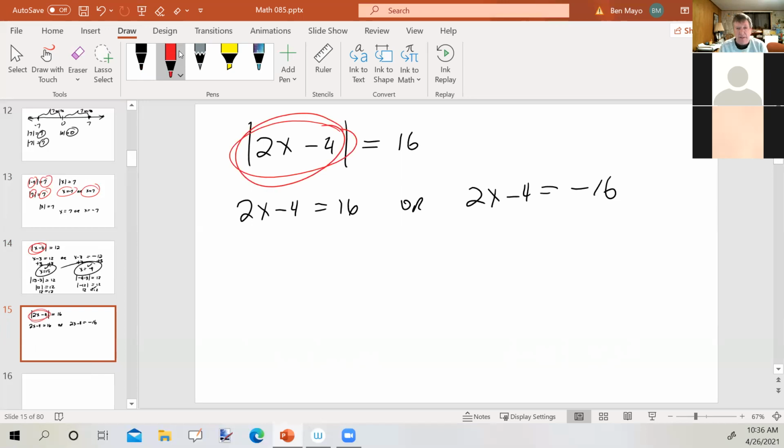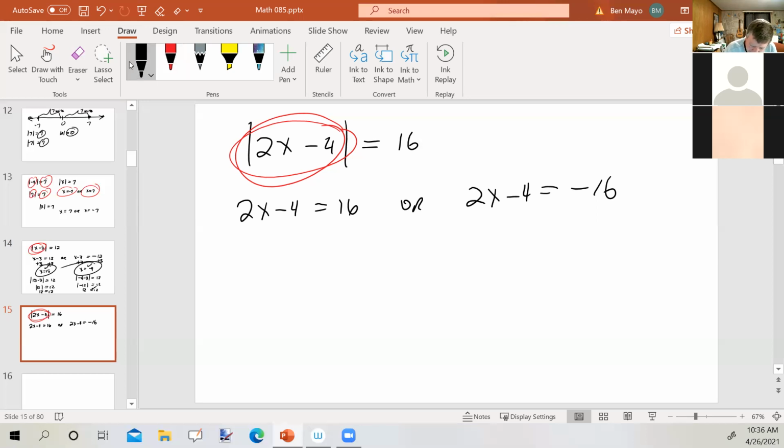If this equals negative 16, the absolute value of negative 16 equals 16. Are you seeing a pattern there? So what's inside the absolute value either equals the number on the right side or the opposite of the number on the right side of the equal sign.